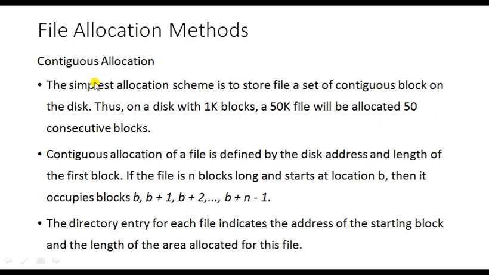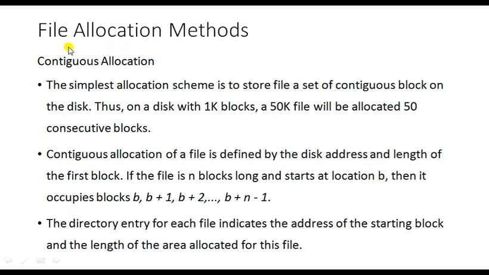Definitely the operating system sends the request to the file handler. The file handler checks whether the available space is there in the hard disk or not. If the space is there, then it occupies that particular space, and based on the name given by the user, it generates the file. How will this allocation happen?